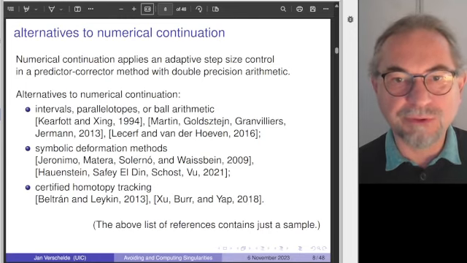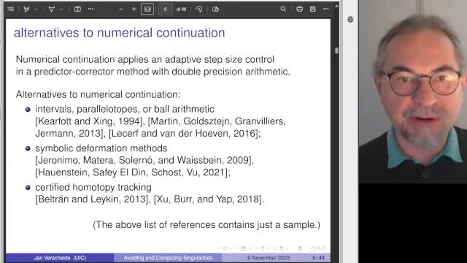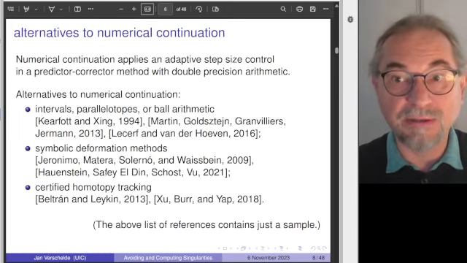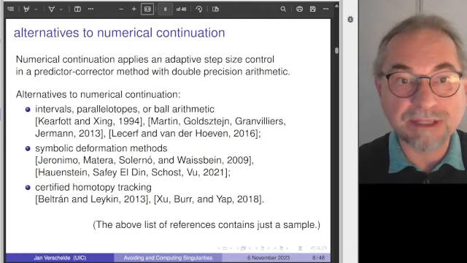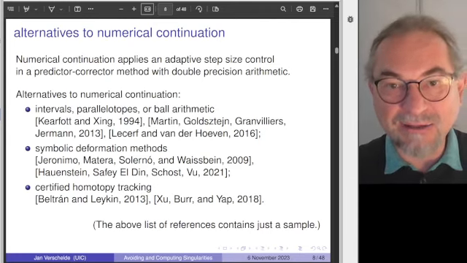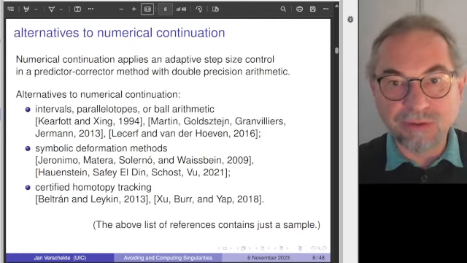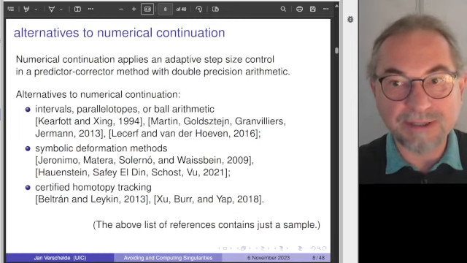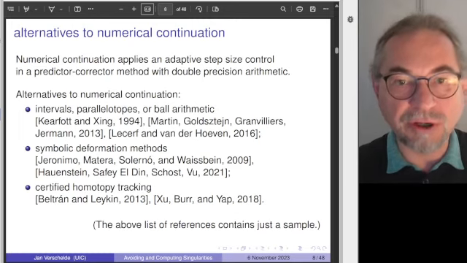By numerical continuation here we mean that we will be primarily using double precision arithmetic as much as we can, and we will also be using adaptive step size control and a predictor corrector method. So three alternatives are, I have a sampling here of some of the papers that I've looked at in the literature.